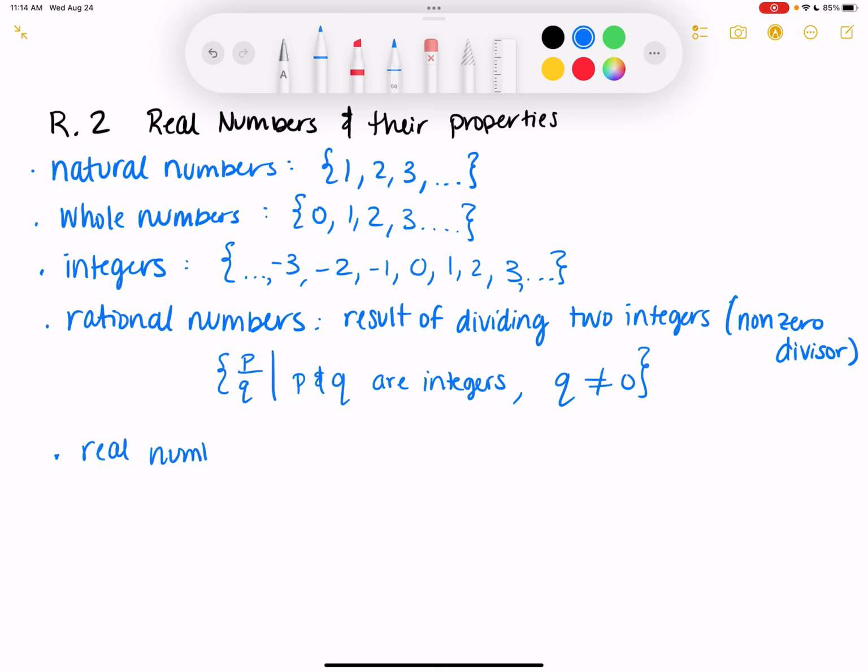Real numbers are the set of all numbers corresponding to numbers on a number line.